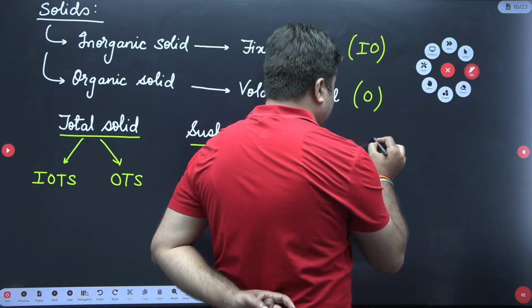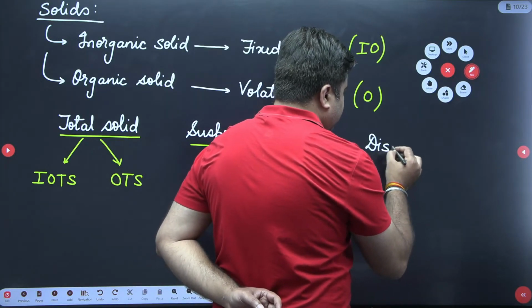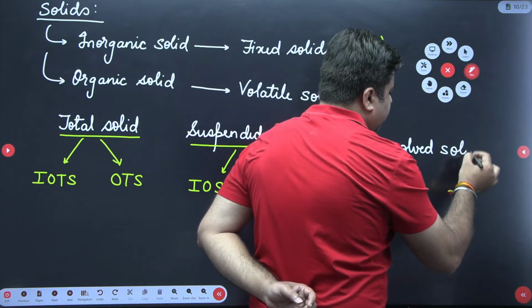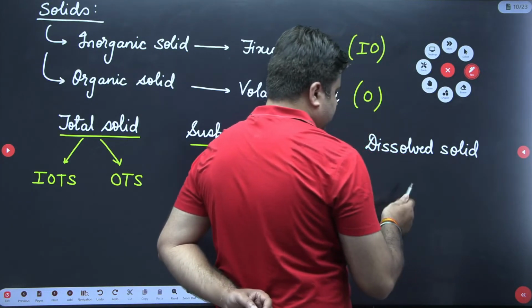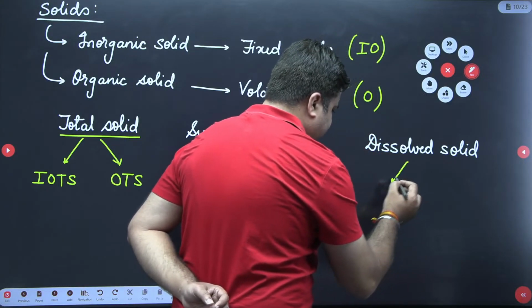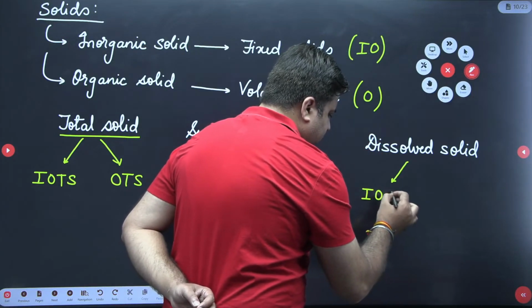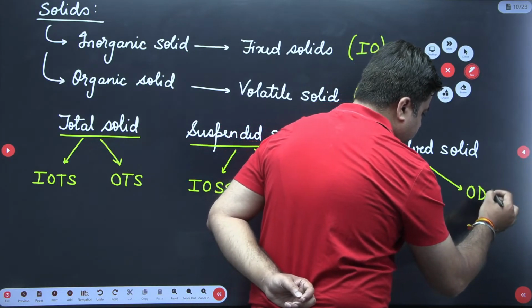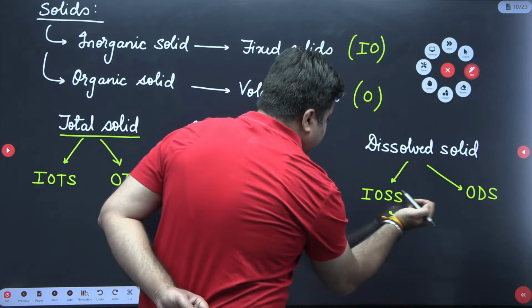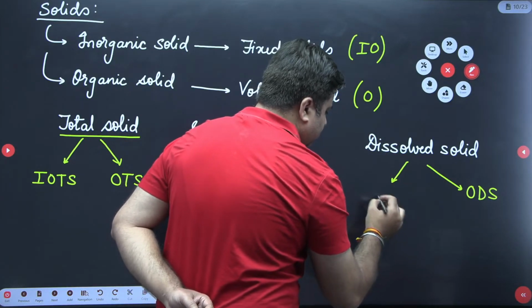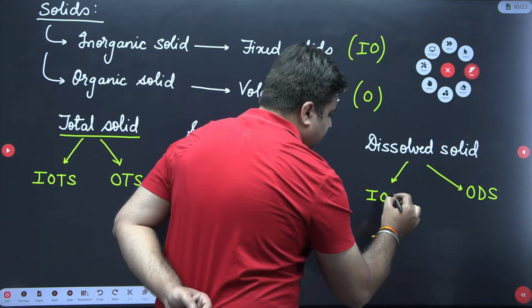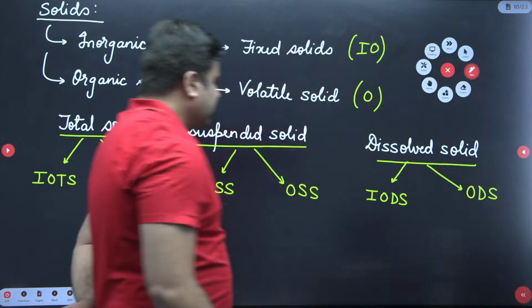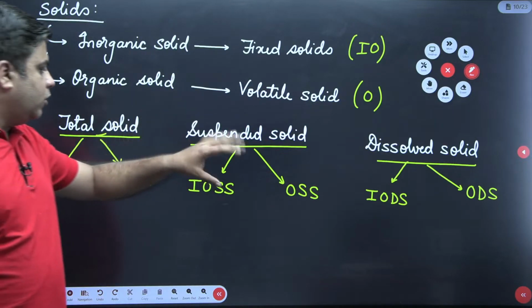Similarly, for dissolved solids, again they are of two types: inorganic dissolved solids and organic dissolved solids, right? So this is the proper classification of all the different types of solid.